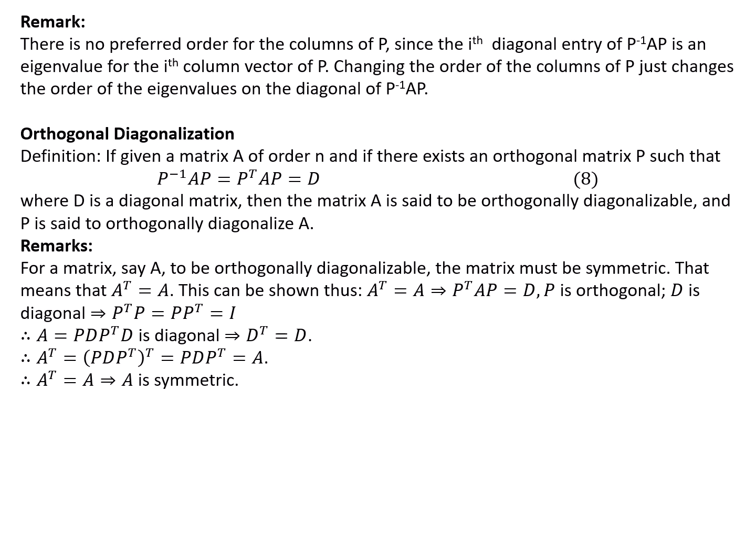For a matrix, say A, to be orthogonally diagonalizable, the matrix must be symmetric. That is, the transpose of that matrix and the matrix itself must be equal. That means that the transpose of A must equal A. This can be shown: A transpose equals A implies that the transpose of P multiplied by AP is a diagonal matrix.